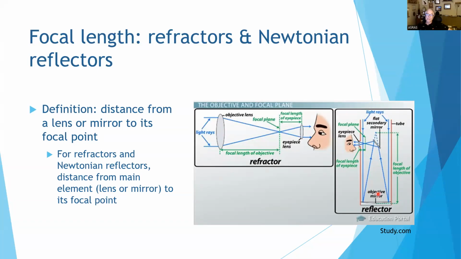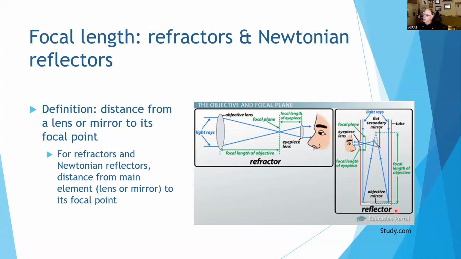For a reflector, we're looking from, I guess, the side. The light comes in parallel, reflects off of the objective mirror to a focal point here, and encounters this flat mirror that reflects it towards the eye here. The focal point is if you extend these lines to where they would have been allowed to converge without the interposition of this mirror.